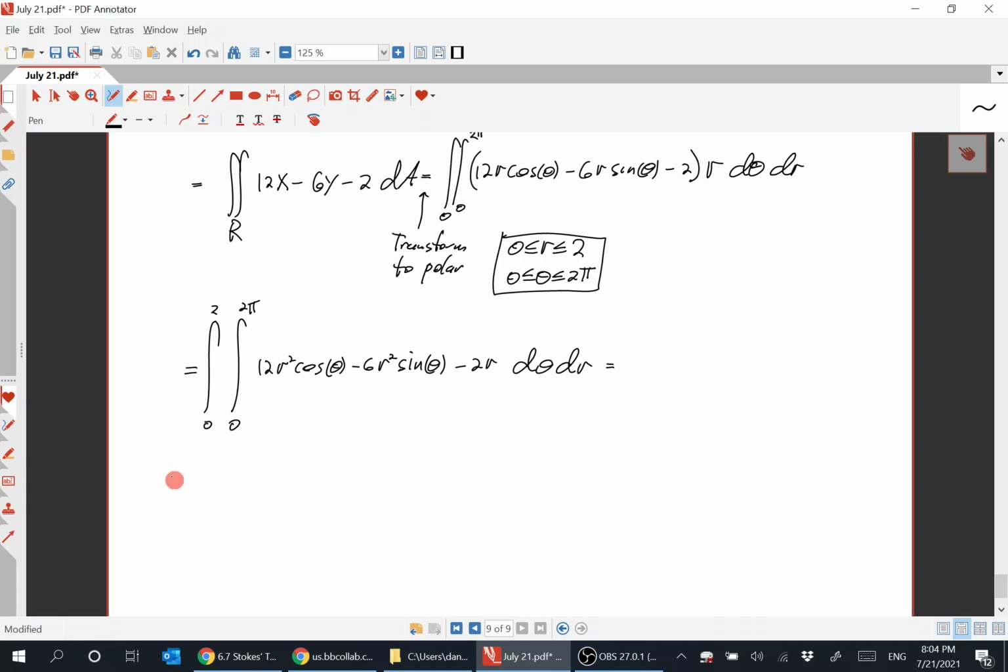What's that integral? Zero, right? These are both 0.